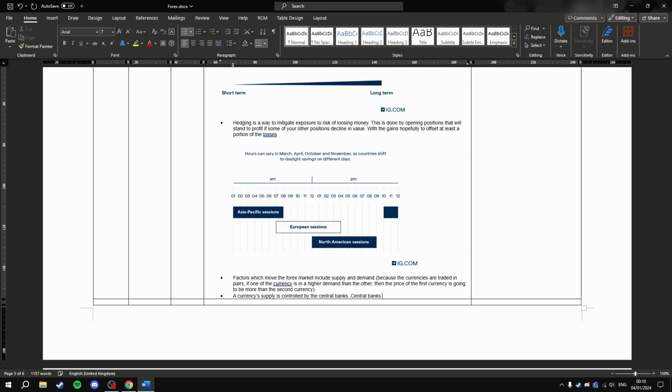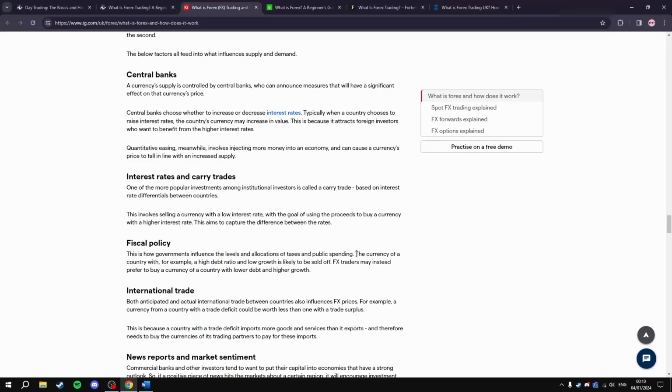Central banks can decide to increase or decrease interest rates. So if the interest rate rises, then the country's currency may increase in value.